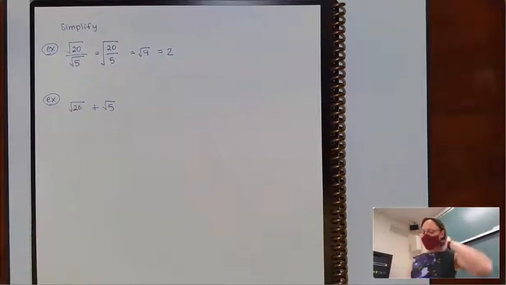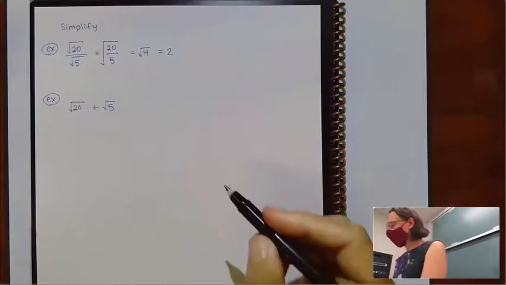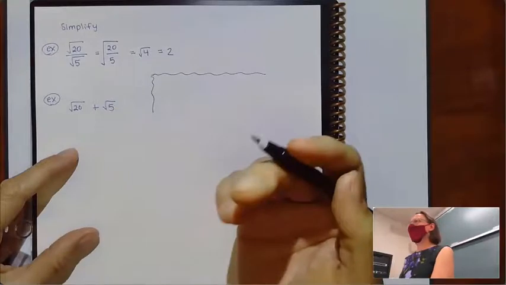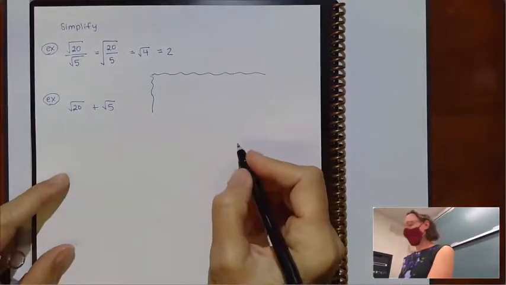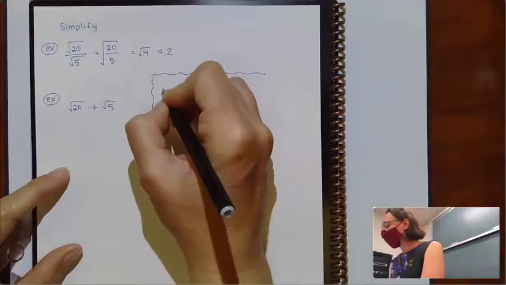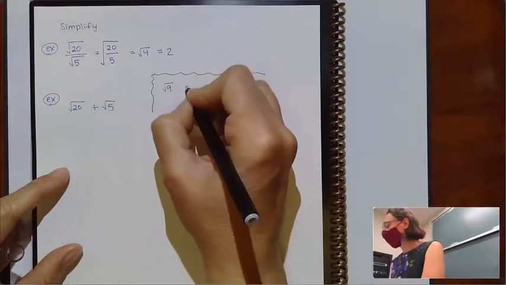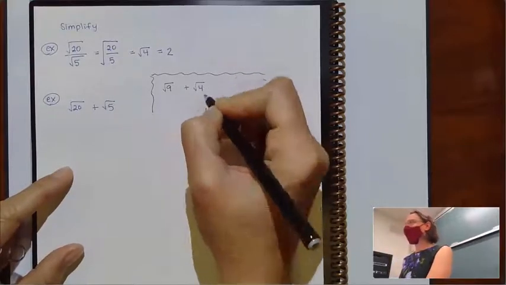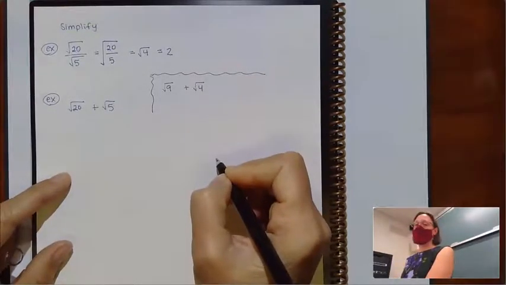Now, to help solidify that, I like to just think about one example of something that I can definitely do in my head. So if I had the square root of 9 plus the square root of 4, both of these I can do in my head.